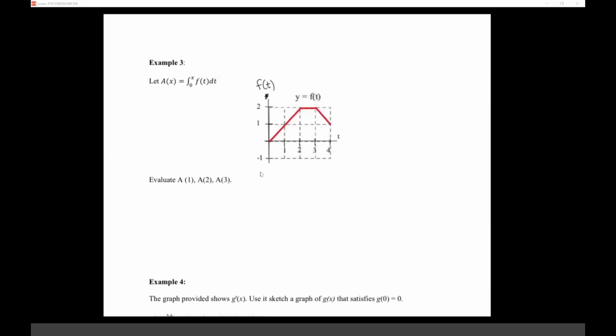Then I'm saying, let it be a 2. Then I'm saying, let it be a 3. Okay, so let me show you what this is. Just accumulating area. I'll do some of them. This would be the integral from 0 to, and I substituted 1 for x.